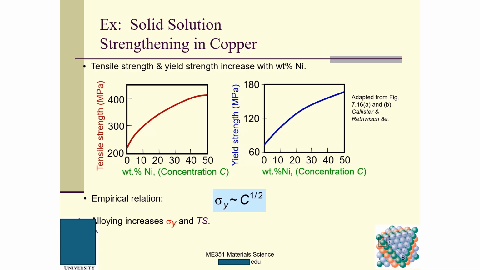This vertical axis stands for pure copper, where the weight percentage of nickel equals 0. If we keep increasing the weight percentage of nickel, we can see tensile strength increasing monotonically. It's very impressive. And the yield strength is also increasing as the weight percentage of nickel increases.